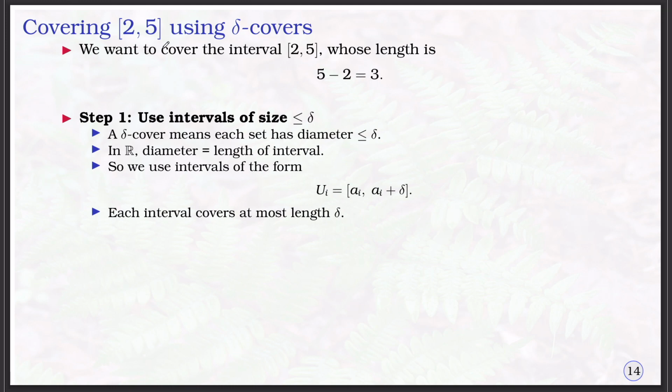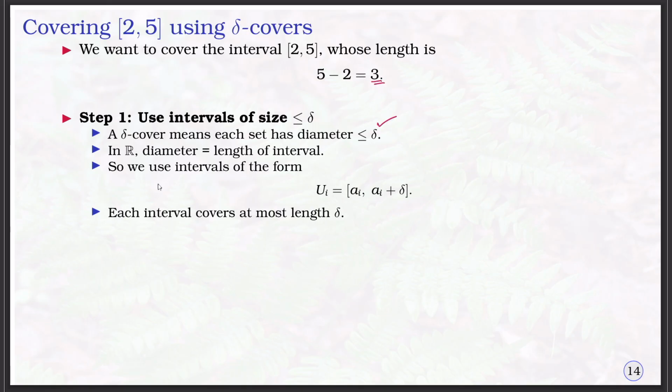A delta cover means each set has diameter less than or equal to delta. In R, diameter equals the length of the interval. Here the length is equal to 3.